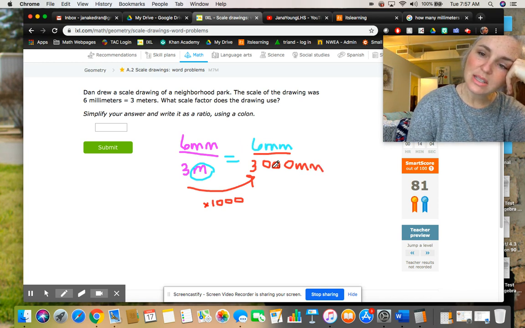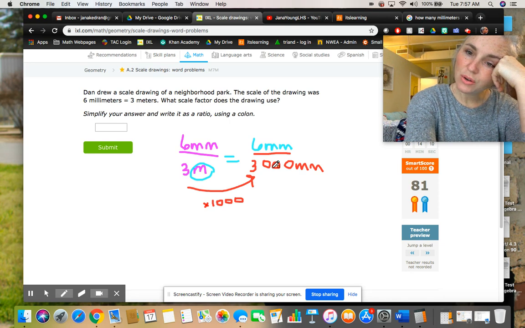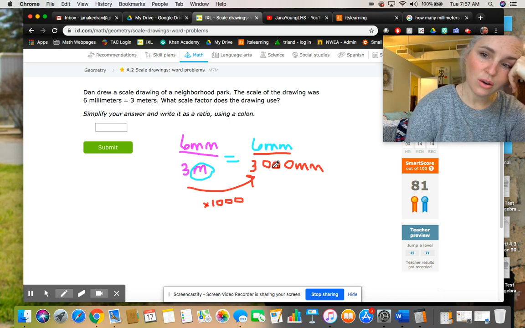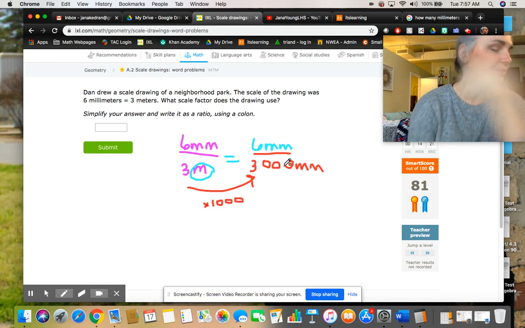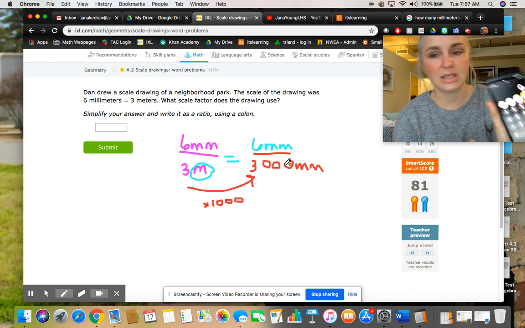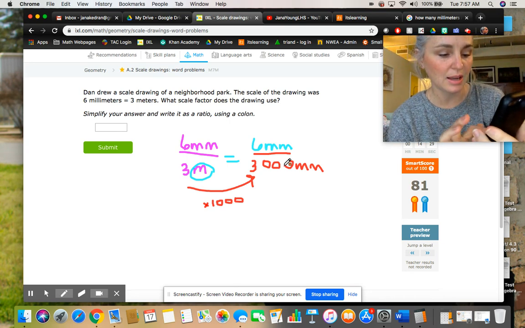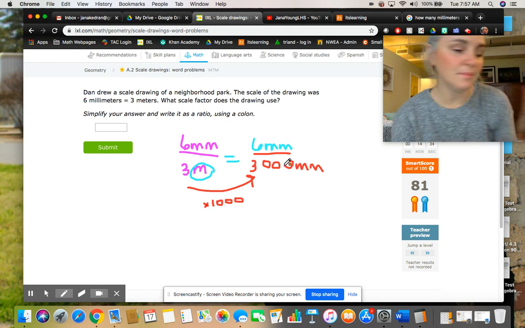I can't put 6 to 3,000 into IXL, because it expects you to reduce it. So you need to reduce 6 over 3,000. The question is, is 3,000 divisible by 6? Can I divide it all the way down? I'll type in 3,000 divided by 6, and I get 500.